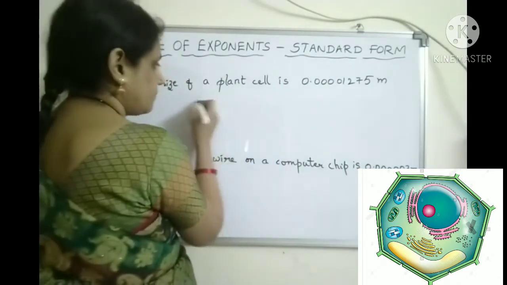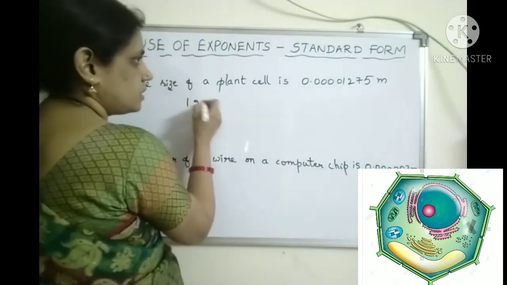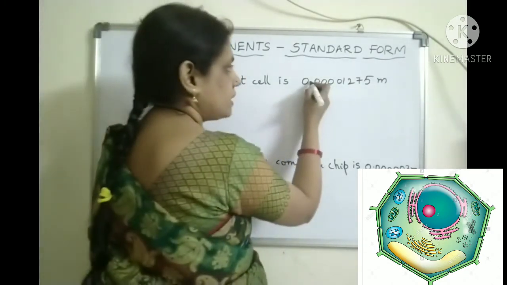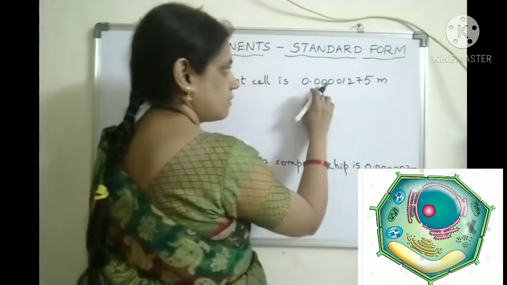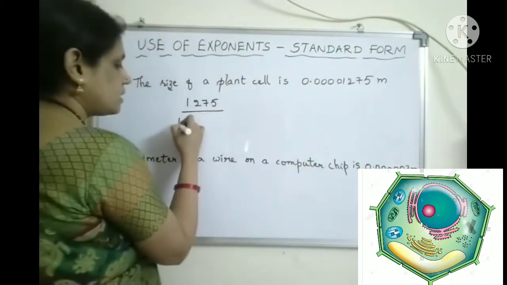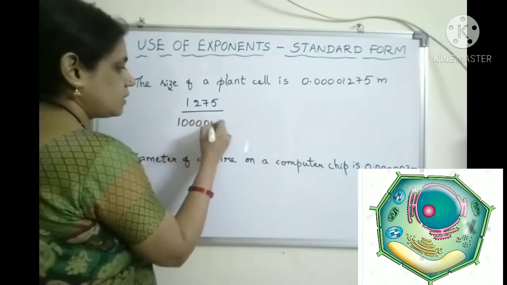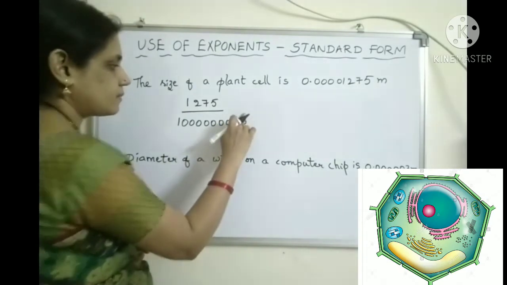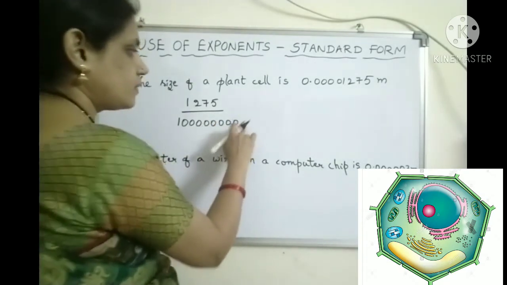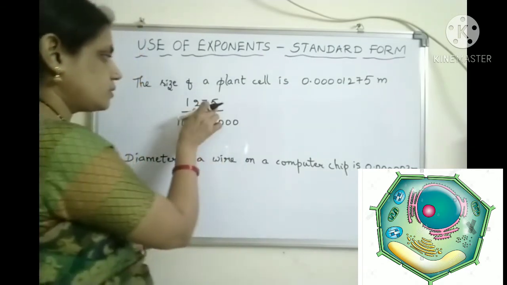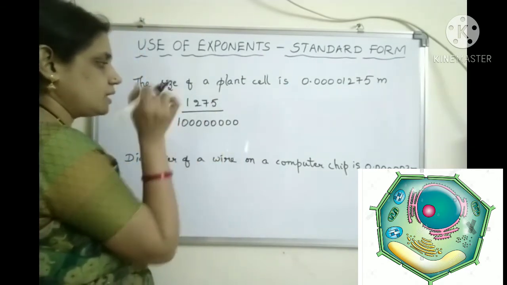How can we write it? 1275 divided by... Here after the decimal how many digits are there? 1, 2, 3, 4, 5, 6, 7, 8. Isn't it? So here also 8 zeros. What is this number? 10 crore. So 1275 by 10 crore.